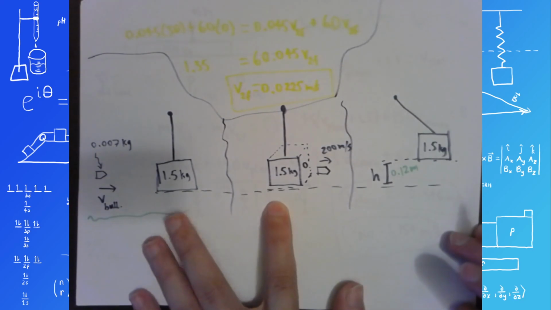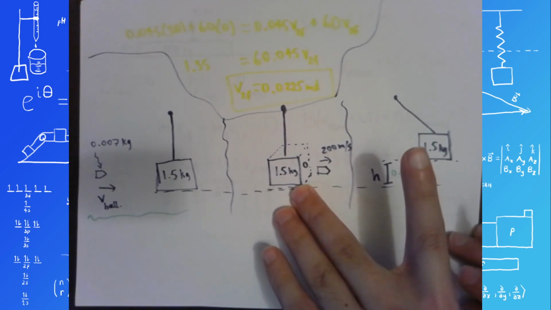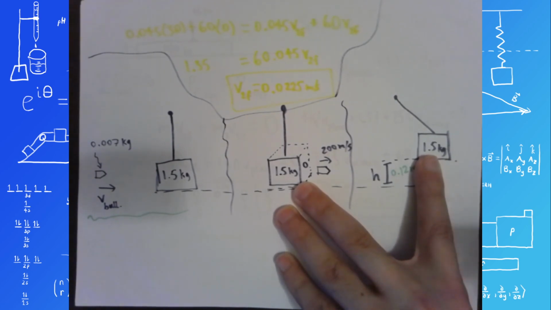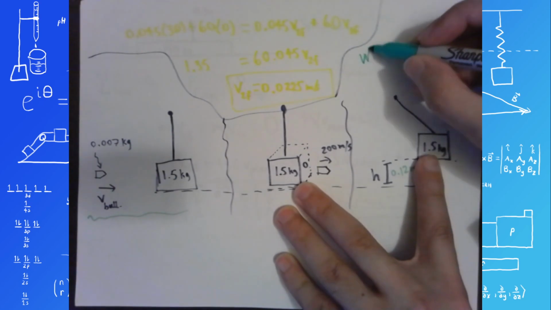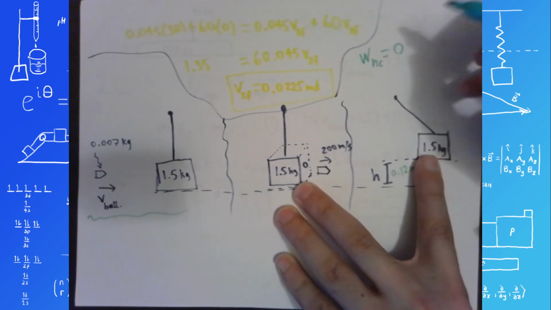Can we justify using conservation of energy then, after the block begins to rise and between the point where it begins to rise and reaches its maximum height? That would require the total non-conservative work to be 0. So is it 0?